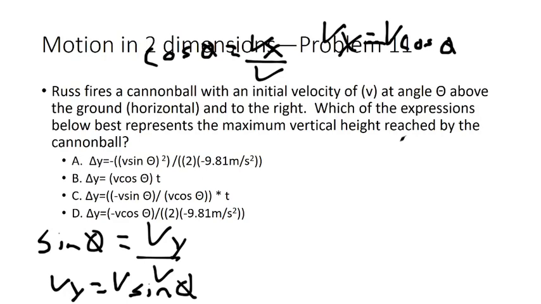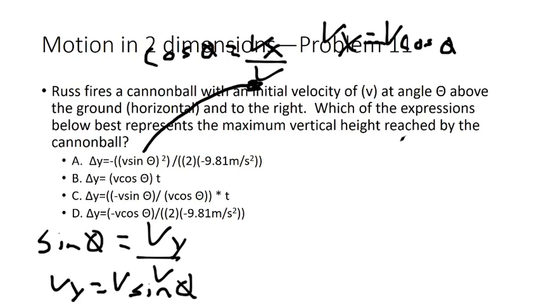At the maximum height, the ball is going to go up, up, up, up, up. It's going to get to some maximum height. At that instant in time, its vertical velocity is 0. It still has a horizontal velocity. The horizontal velocity is constant for the whole trajectory. But at this instant in time, its vertical velocity is 0. That's at the max height.